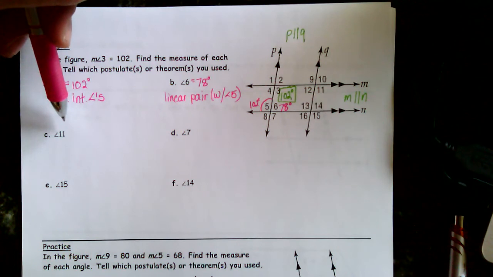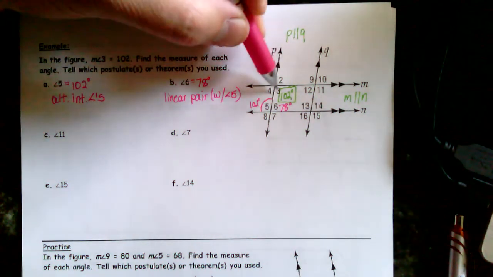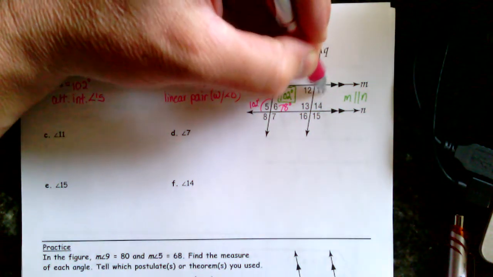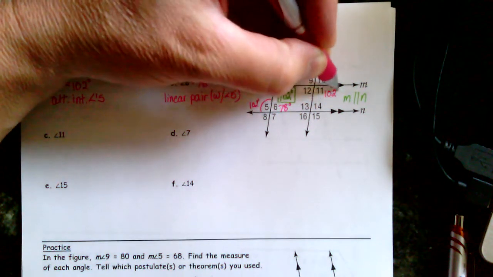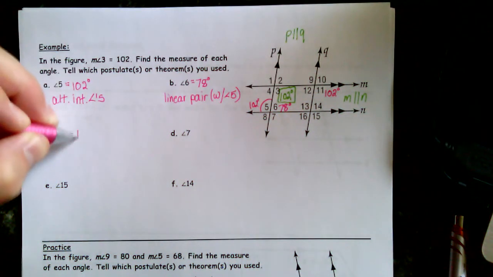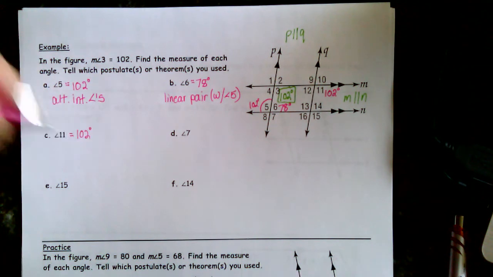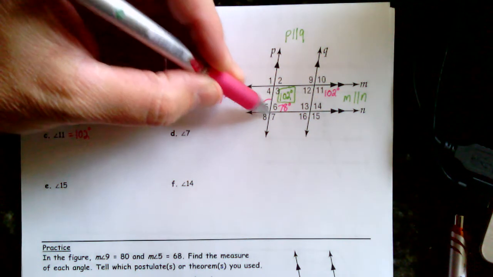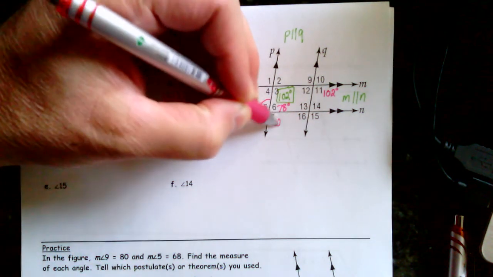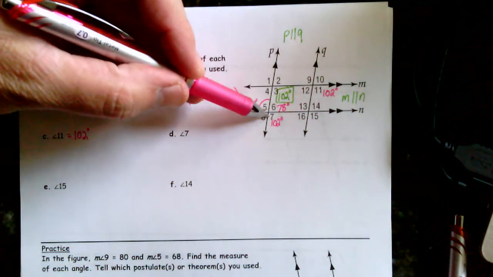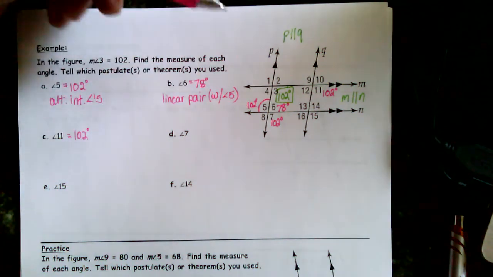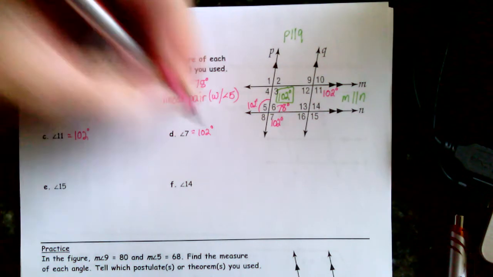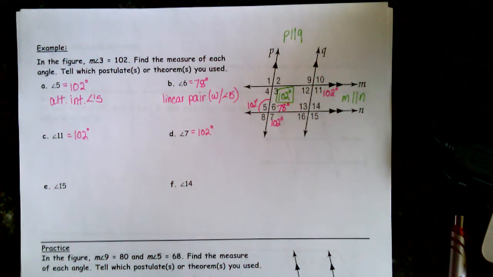Angle 11, all right, so angle 11 corresponds with angle 3, so we know that's 102. So I'm going to go through and just mark their values first. Angle 7 right here is 102. It's either a linear pair with 6 or vertical to 5. Those are two strong reasons or postulates you could use.